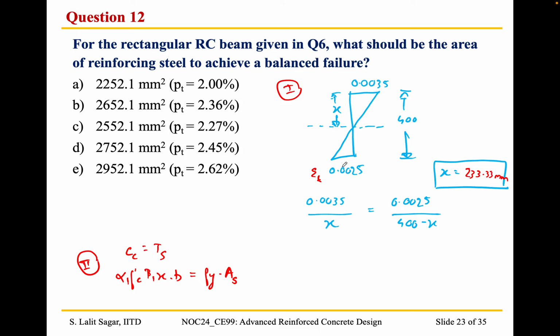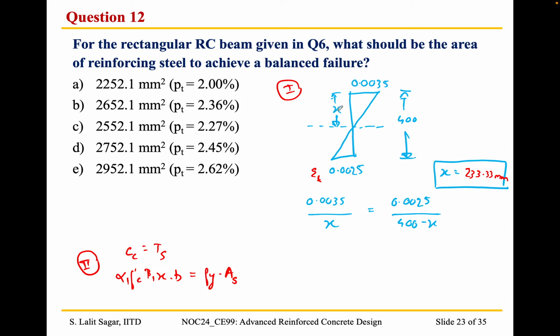So what we are trying to do is, by virtue of the definition of what is meant by a balanced failure: balanced failure is one where the yielding of steel occurs and simultaneously the concrete fails under compression. The strain at failure for concrete is taken as 0.0035, and the strain at which the reinforcing steel yields is considered as 0.0025.